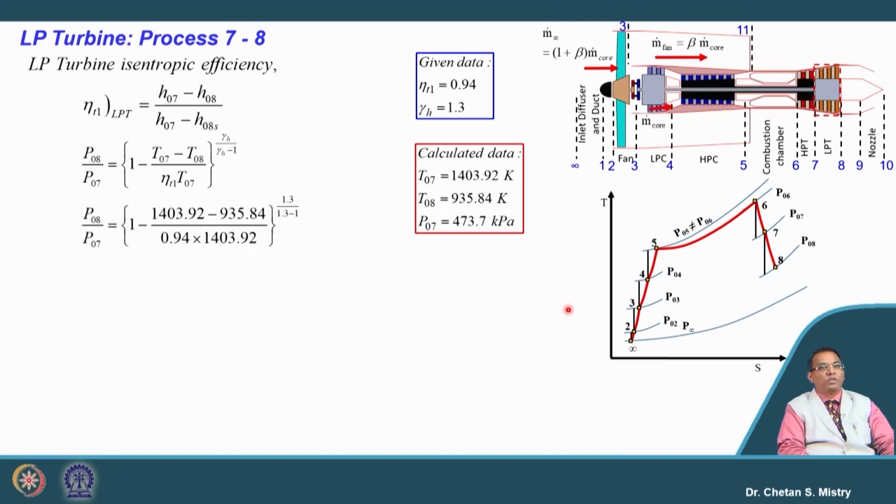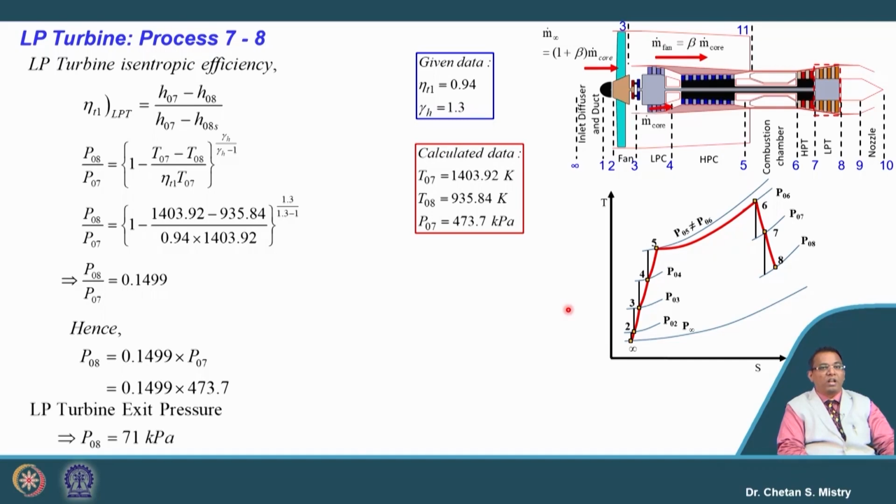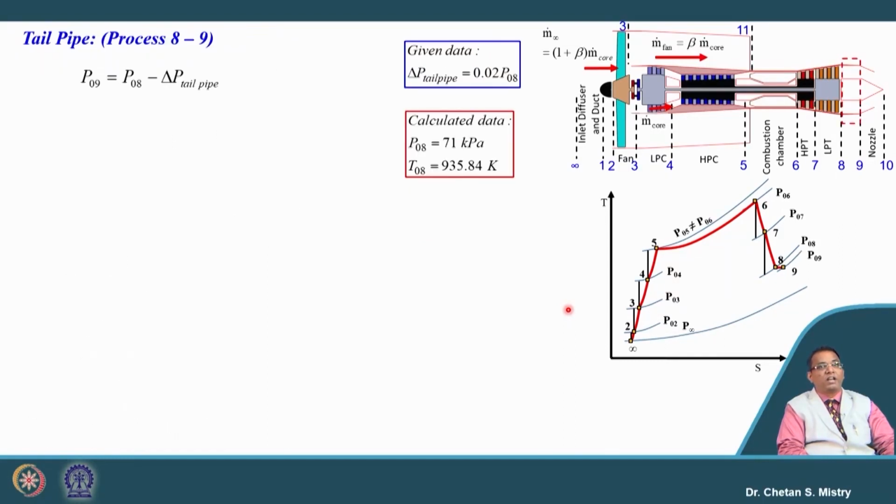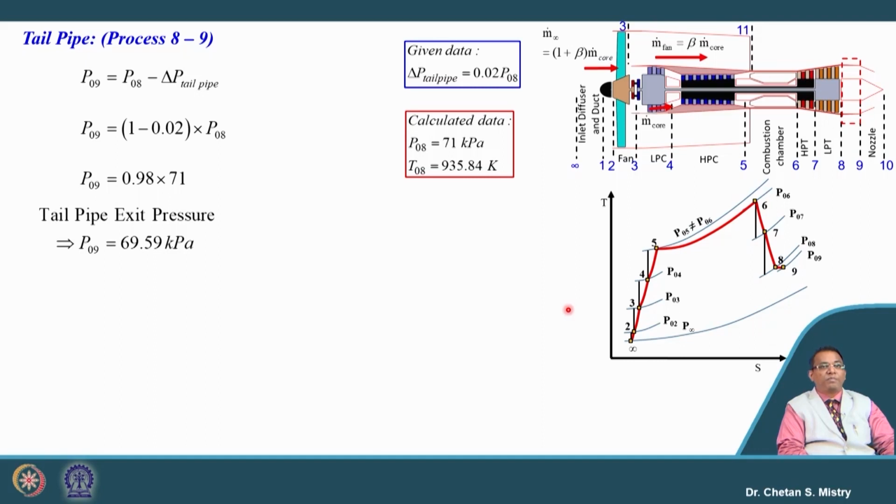So, let us put this equation, it will give the exit pressure to be 71 kilopascal. Okay. So, this will be the exit pressure from the LP turbine. Now, the next component we have is our tailpipe, and for that tailpipe it says there is a 2% drop of pressure. So, we can say my exit pressure from the tailpipe is 69.59 kilopascal.